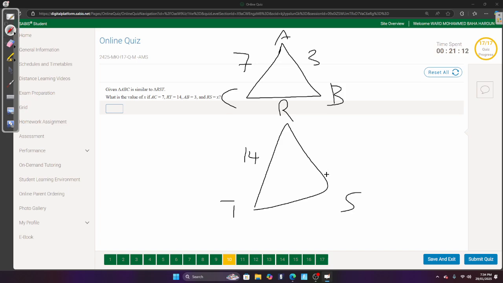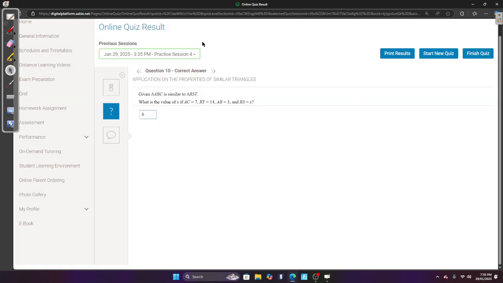Oh, I don't understand. Guys, what I said just backfired on me. I used like 7 and 14, okay? They obviously multiplied by 2. So AB and RS, AB is going to be multiplied by 2 because they did it. And it's going to be equal to 6.